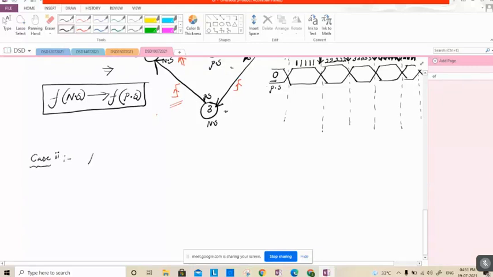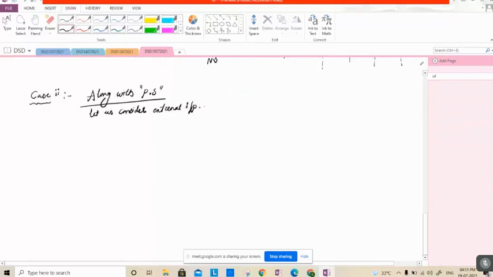Now, along with present state, let us consider external input also, and let us represent external input with the help of X. And what was said is whenever X is equal to 0, up counter or down counter?